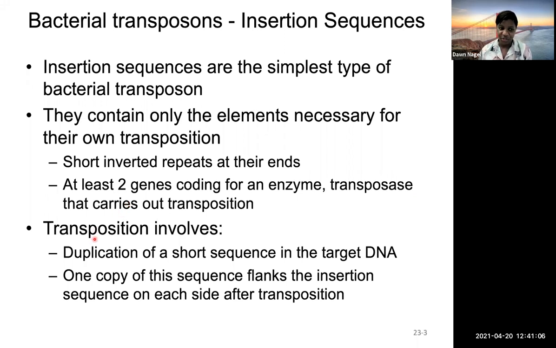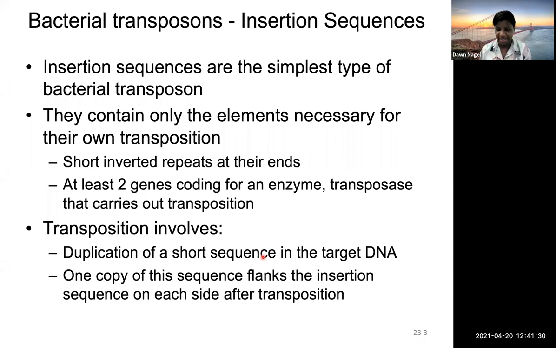The way that this transposition works is that once the transposon moves to a new location within the DNA, it will cut that DNA sequence. And the way that it cuts the DNA sequence creates duplication at the ends of that flanking insertion.